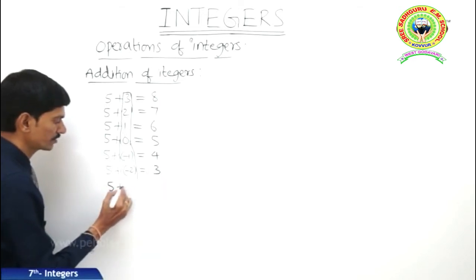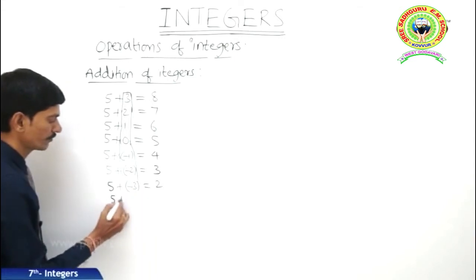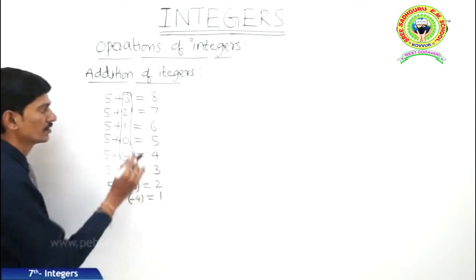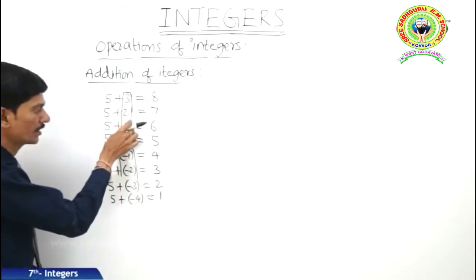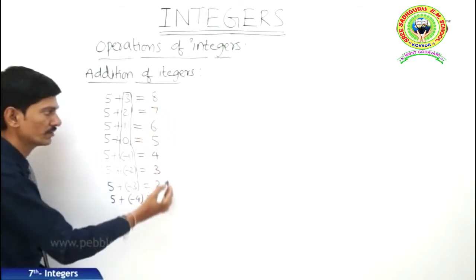And 5 plus minus 3 equals 2, and 5 plus minus 4 equals 1. Now when the number being added is decreased by 1, the value of the sum also decreases by 1.